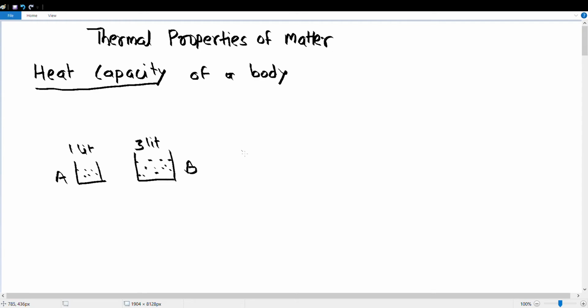Let us consider the initial temperature of both these two pots is 20 degrees Celsius, and with the help of an external source like a burner, we provide heat to both these two pots, and so their temperature gets increased from 20 degrees Celsius to 21 degrees Celsius. 21 degrees Celsius is the final temperature. Here the change in temperature delta T is 1 degree Celsius.